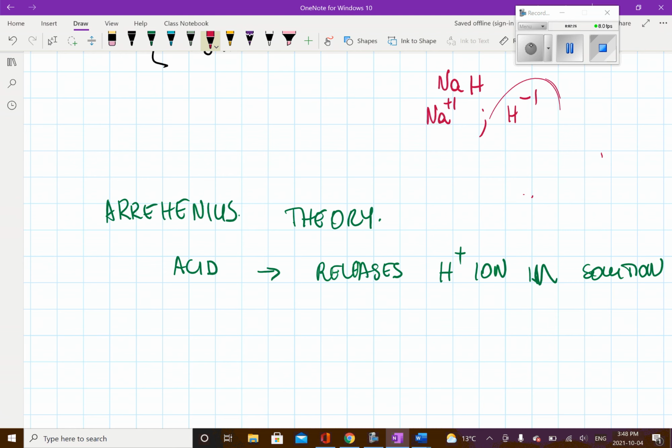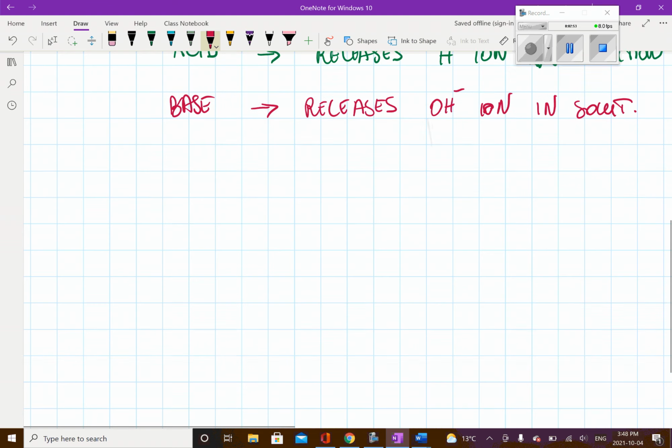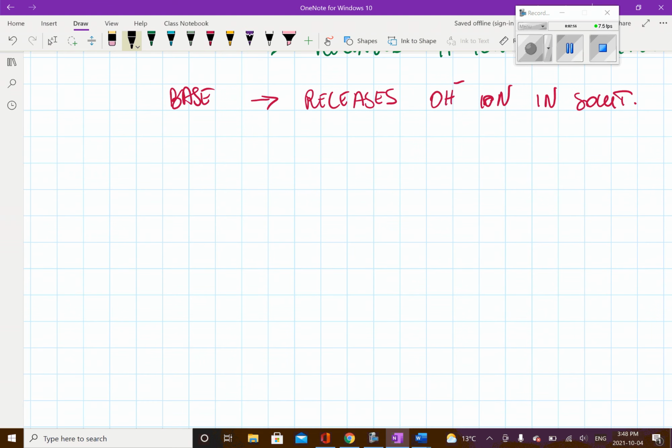And if it is a base, Arrhenius said that it releases OH minus ion in solution. But we know that this is not always true, because we have seen cases where no hydroxide was present and still it was acting as a base.